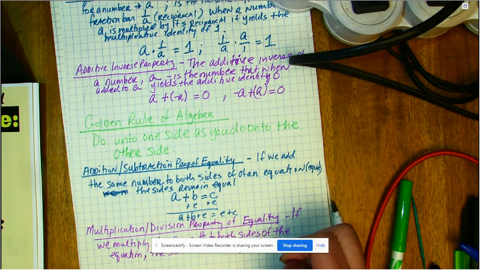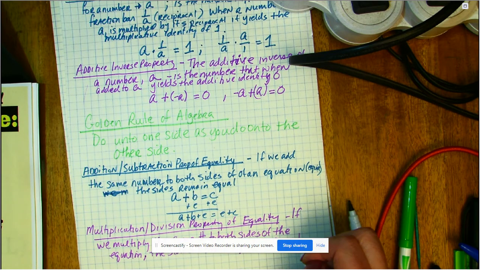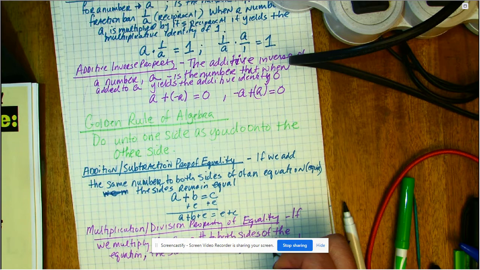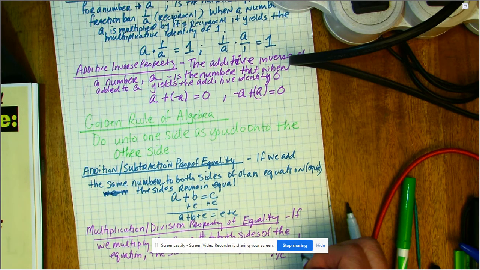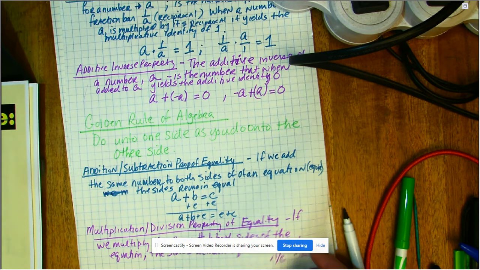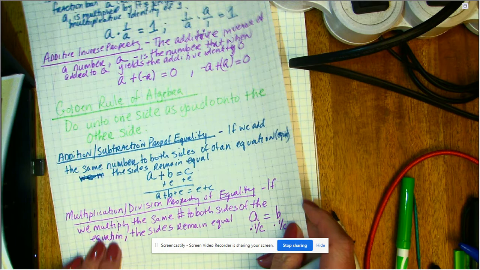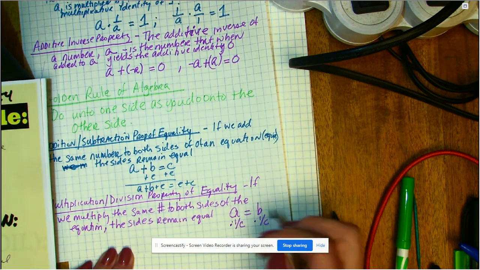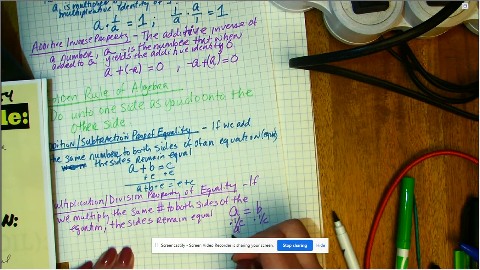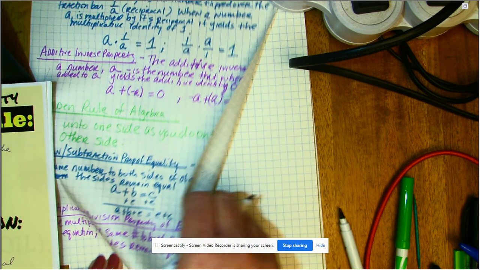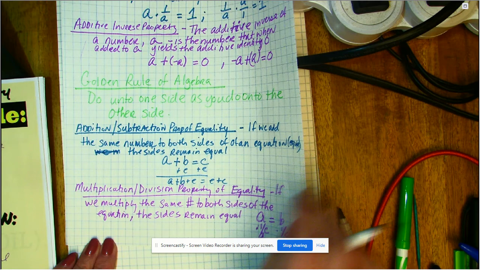So A equals B. If I divide, or say multiply both sides by 1 over C, you end up with A over C equals B over C. So we've maintained equality.